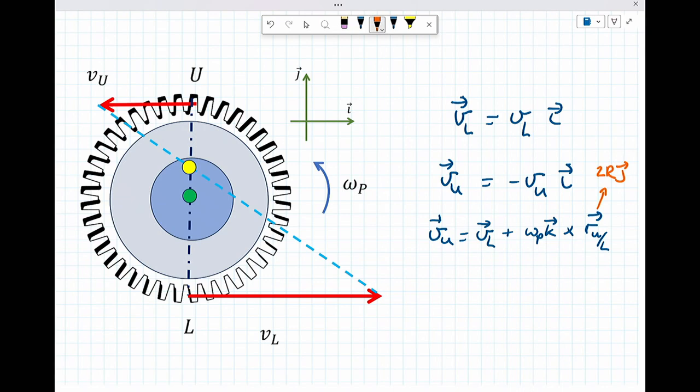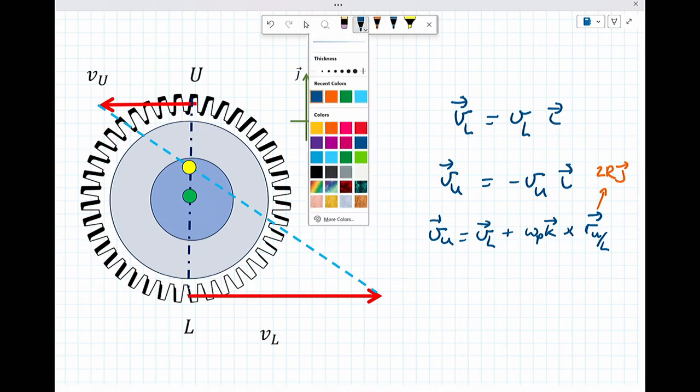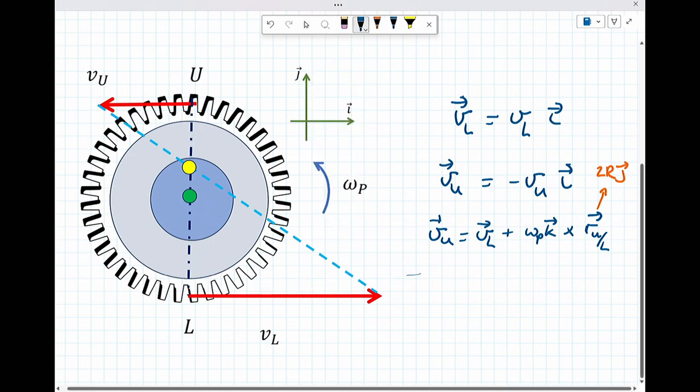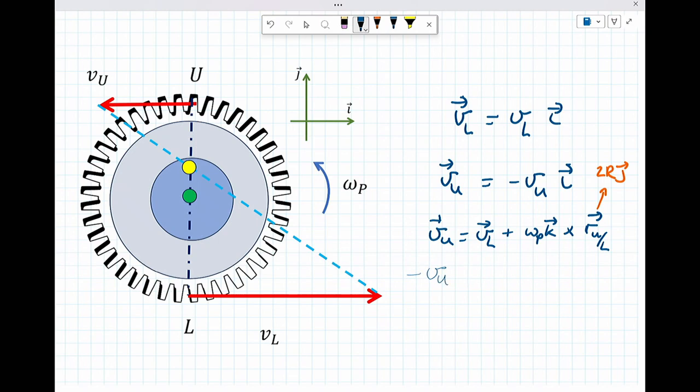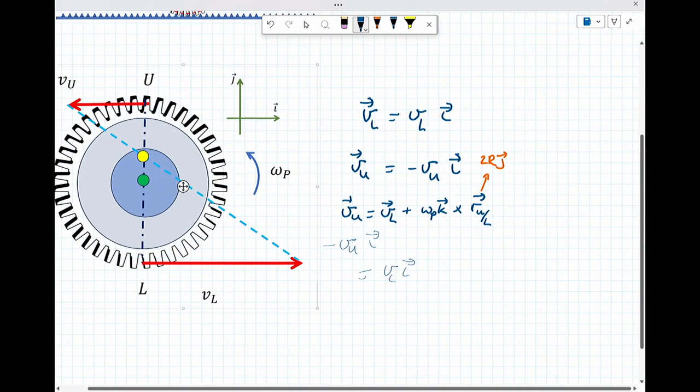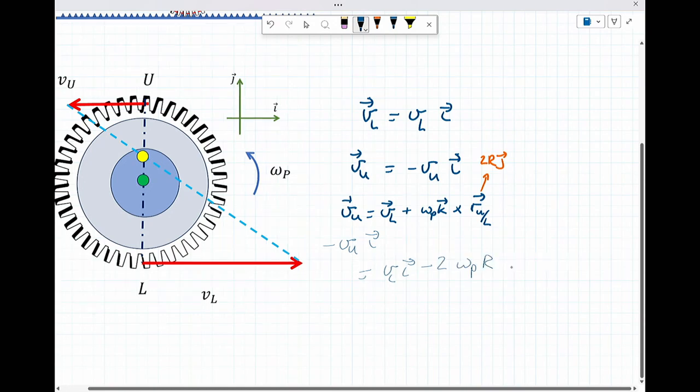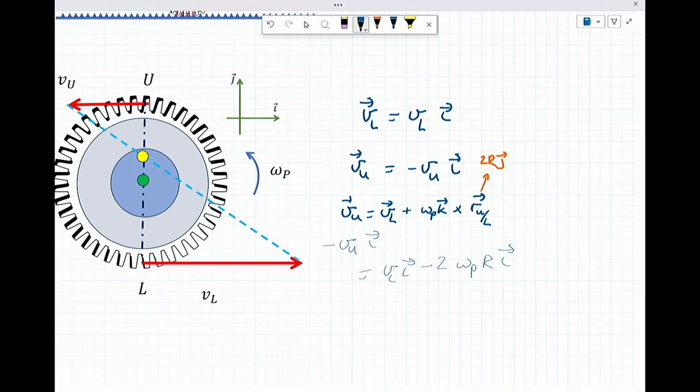So I end up with minus VU in the i direction is equal to VL in the i direction, and after doing the cross product, minus 2 omega p r in the i direction.